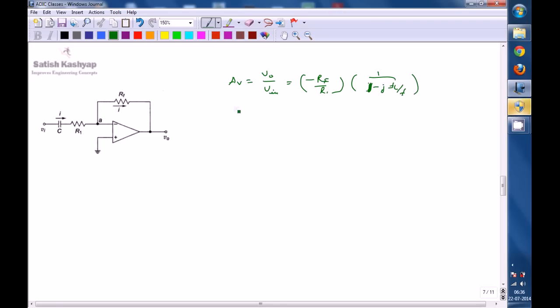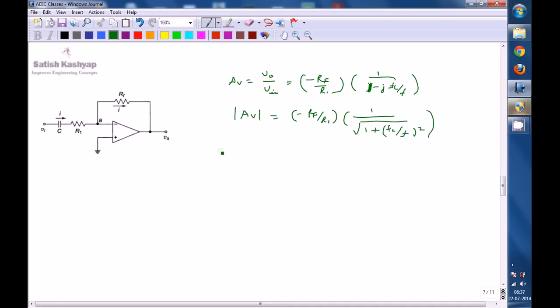If you go for only the gain magnitude, you can write it as minus Rf by R1 into 1 by square root of 1 plus fL by f whole square. You will get this.